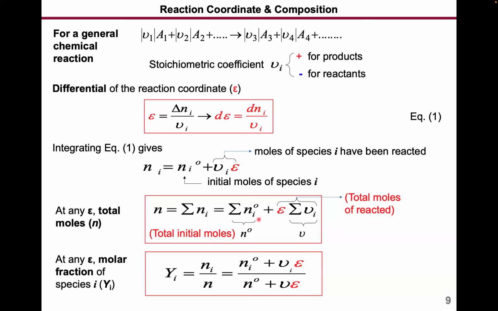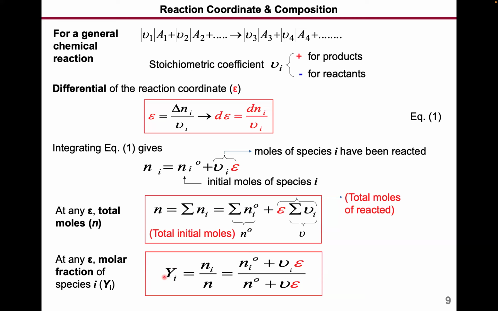We can use N0 to represent the summation Ni0, the total initial moles, plus the moles of species reacted, divided by the total initial system moles and the total species reacted within the system. So now you can correlate your reaction coordinate with your molar fraction of the species at any instant time of the reaction.